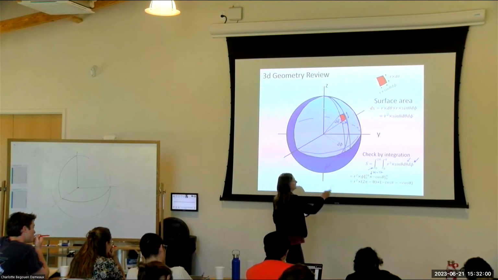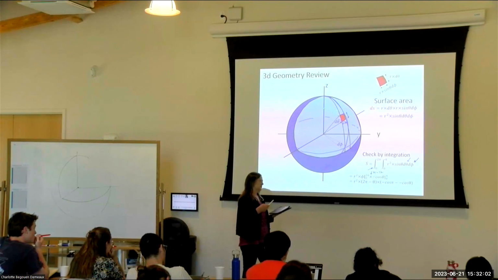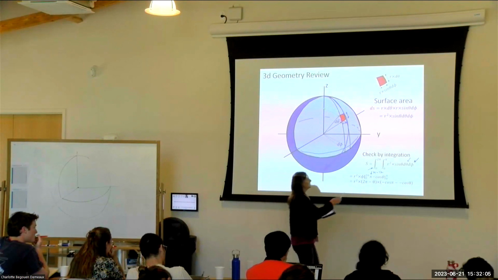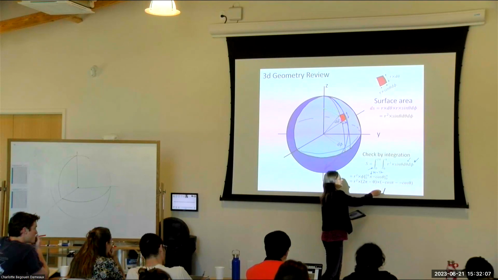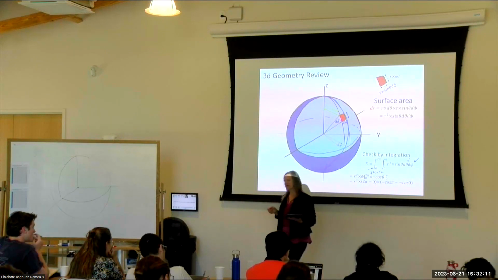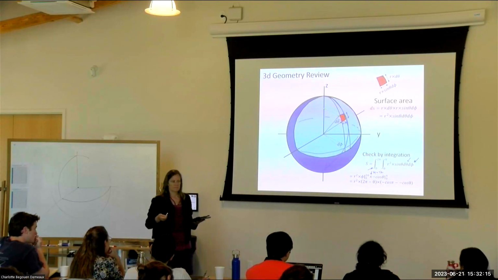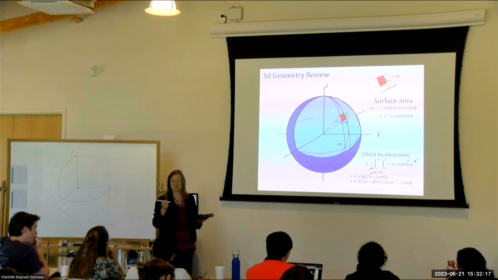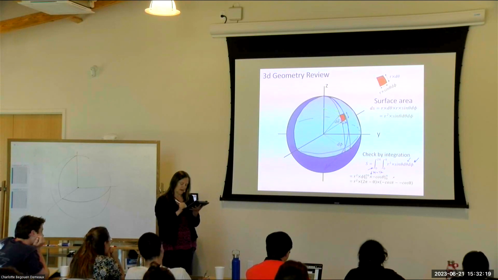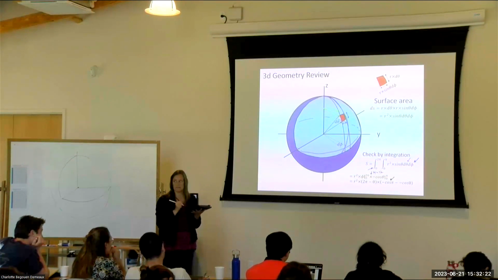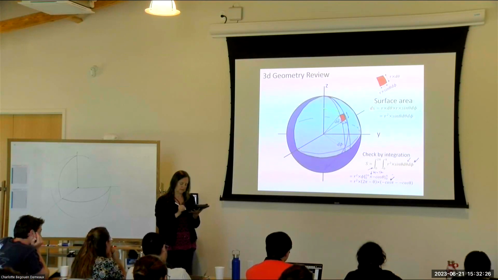And so what we get is that evaluating phi between 0 and 2 pi gives you a 2 pi. Then we're evaluating the minus cosine from 0 to pi. So what's the cosine of pi? Minus 1, and with the negative sign that is plus 1.